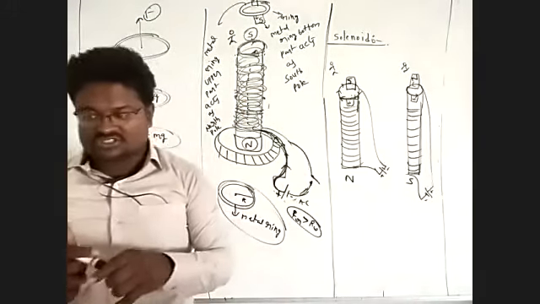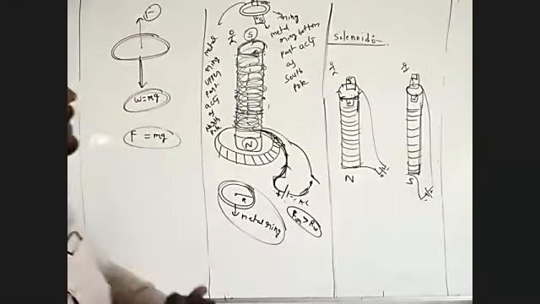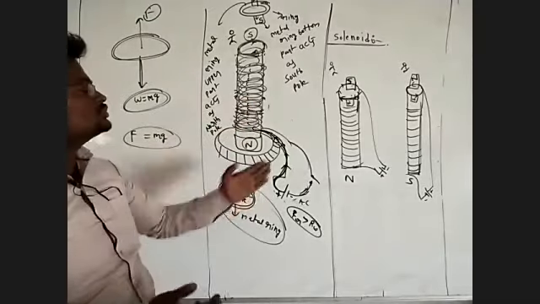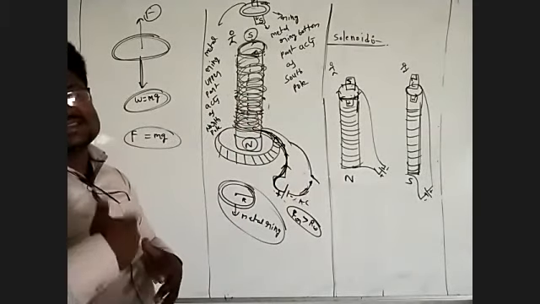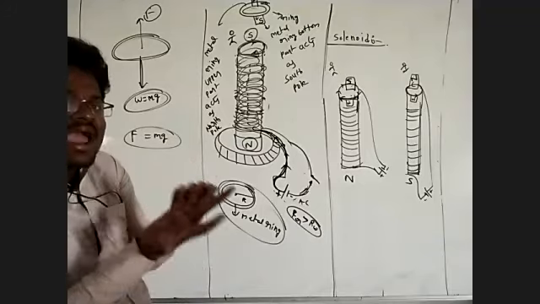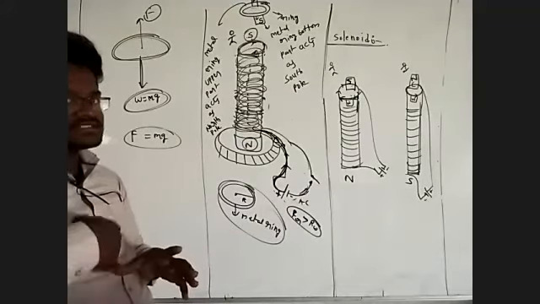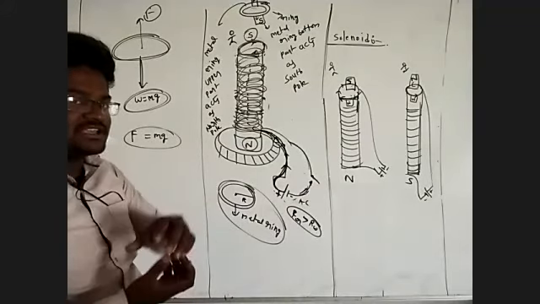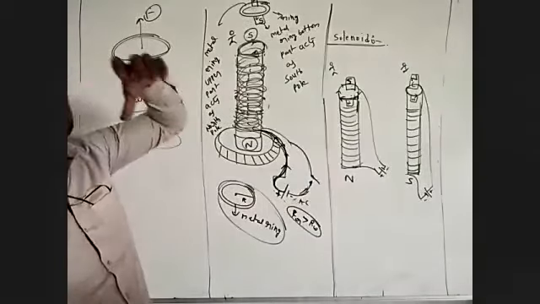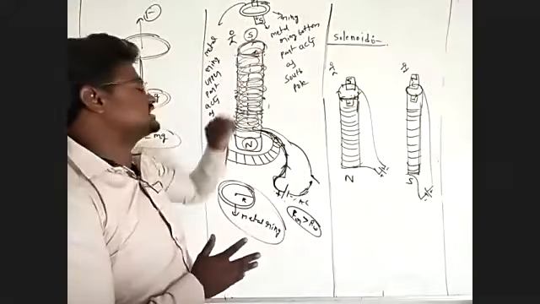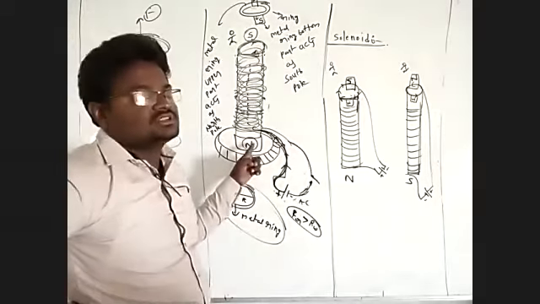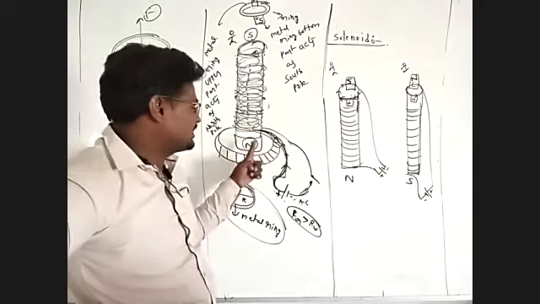Actually, what will happen in this situation? This is a solenoid. A solenoid carrying current produces magnetic field lines and behaves as a large magnet. This end forms a south pole and the other end behaves as a north pole.